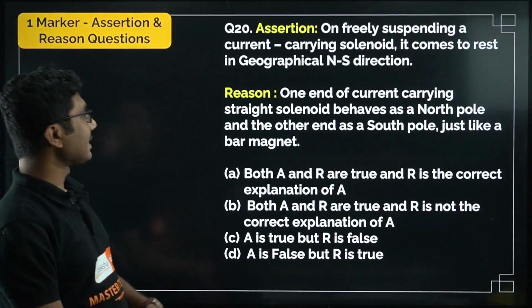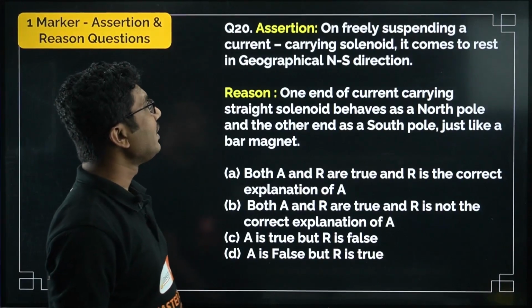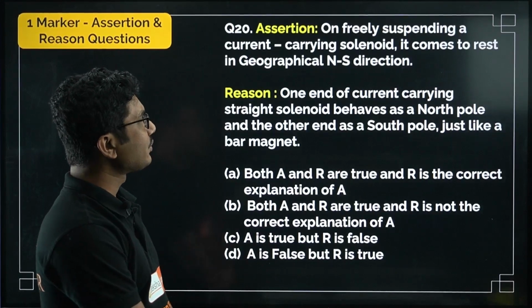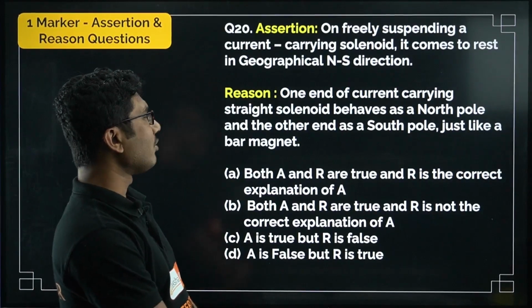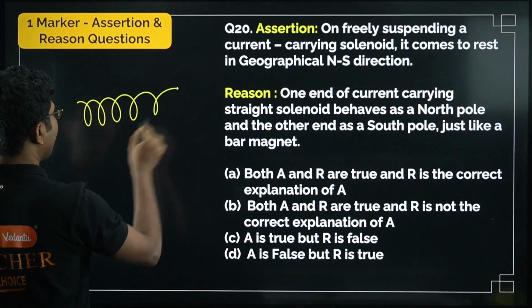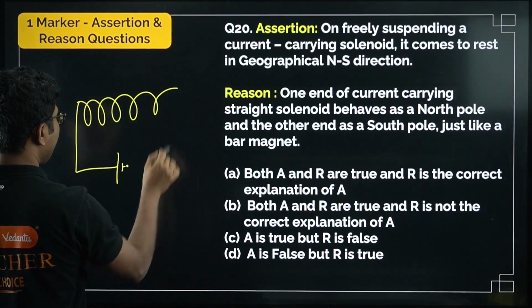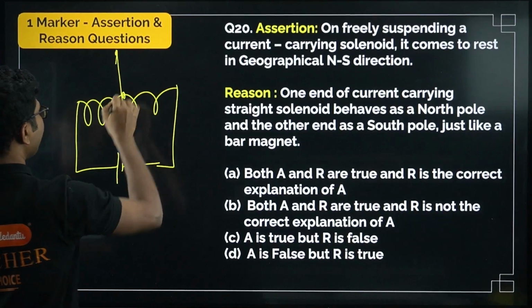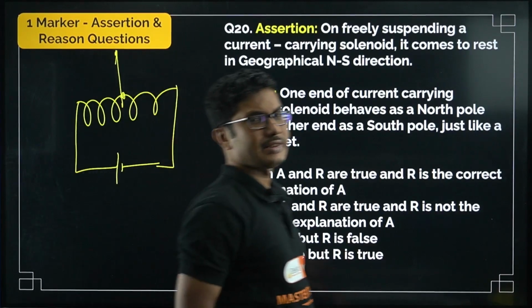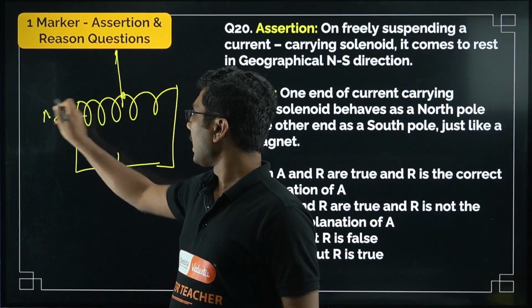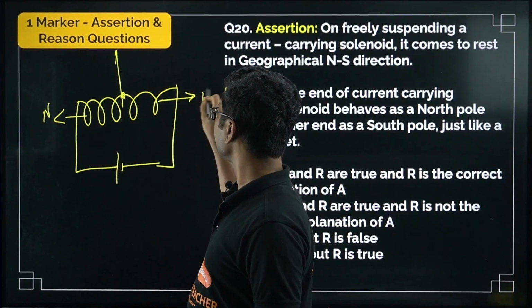Next question, this is an assertion reason question. A freely suspended current carrying solenoid comes to rest in the geographical north-south direction. So if you have a solenoid connected to a battery, and you freely suspend it using some mechanism, after coming to rest, it generally points in the north and south direction.